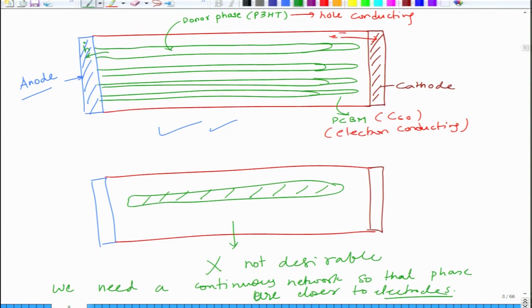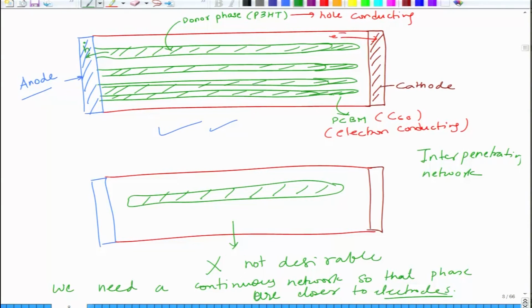That is how you would like to have an interpenetrating network. So, what we require is an interpenetrating network. In reality you would like a structure like what is shown here. You would like an interpenetrating network like this.